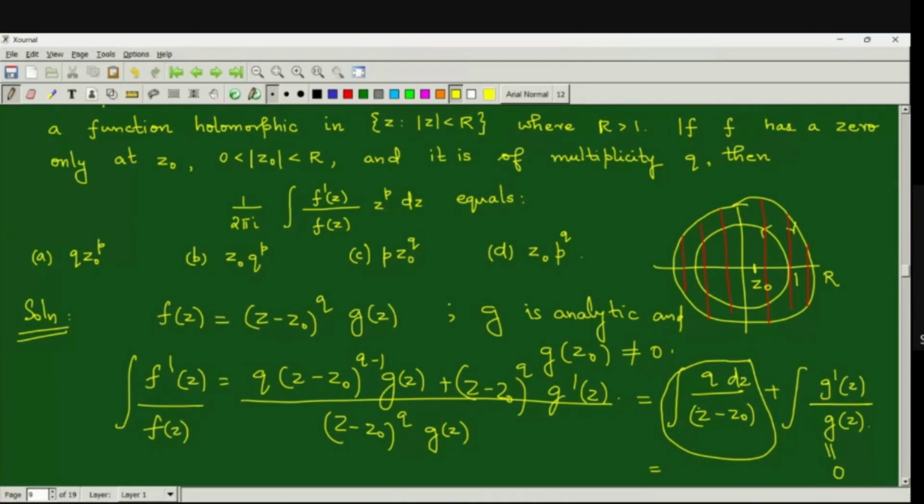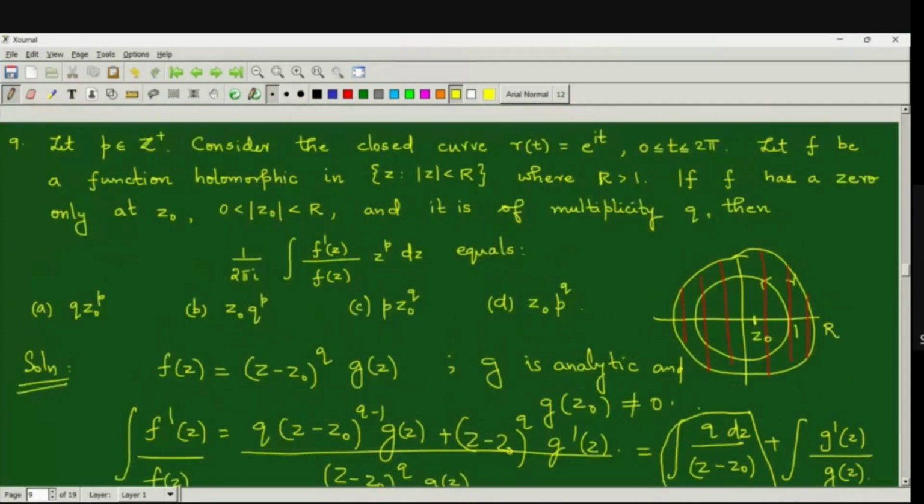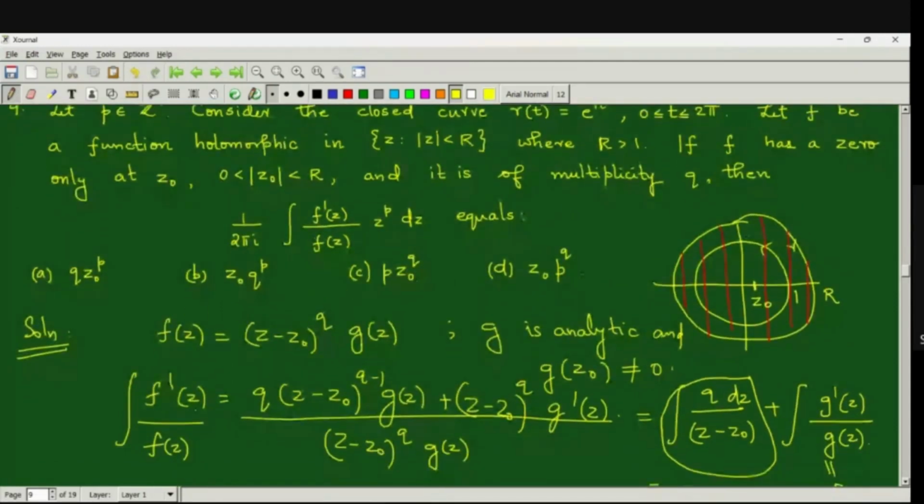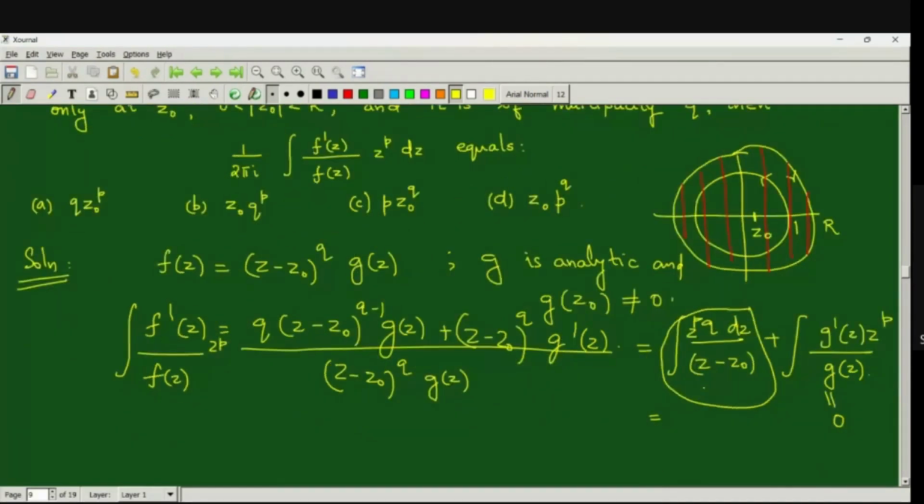There is some z naught power p remaining. With z naught power p also, this is analytic. So this is 0, and use Cauchy's integral formula here. What is the answer? q times z naught power p.